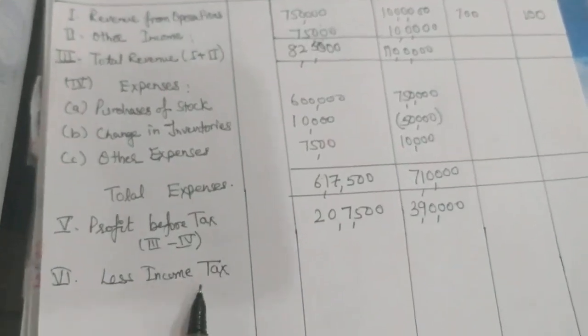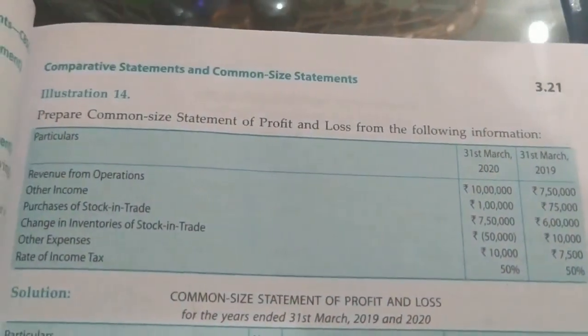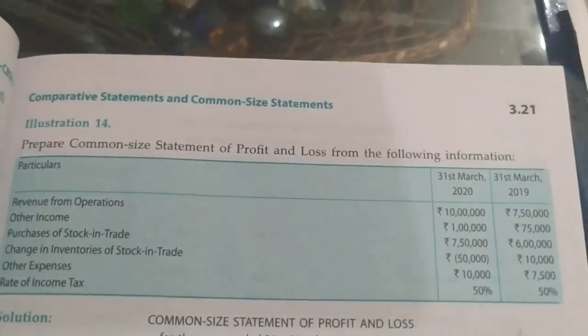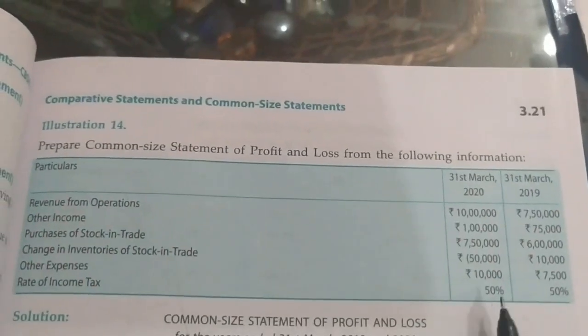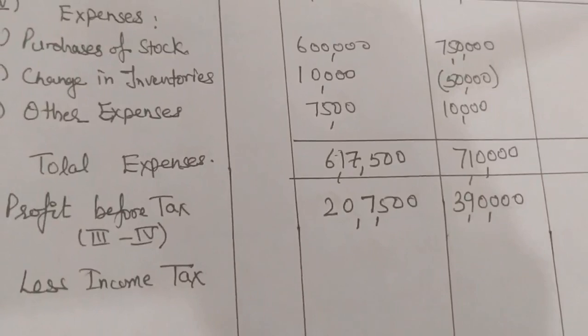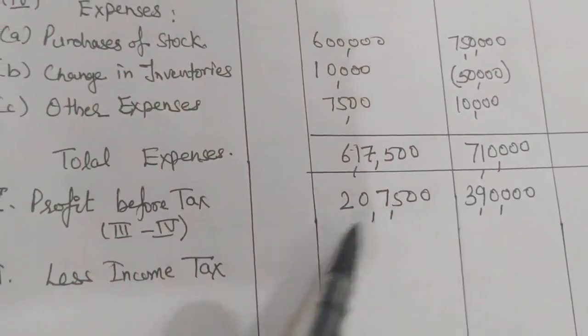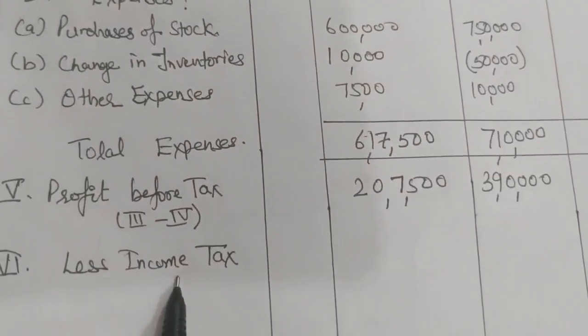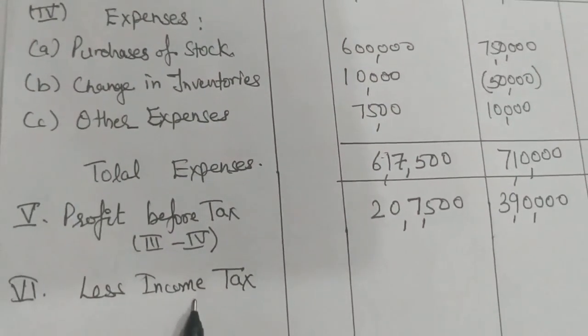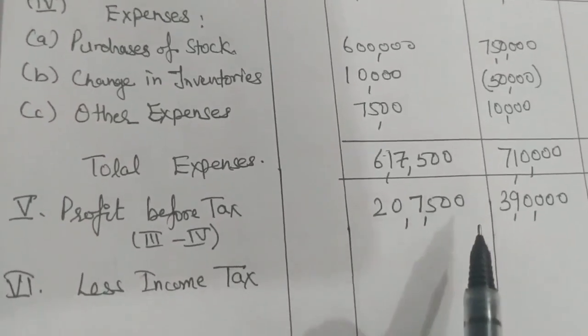Now we have to deduct the income tax given in the question. It is given for both years, 2019 and 2020, as 50%. Now we will calculate this tax on profit before tax. Profit before tax is 2,07,500 and we have 50% tax here. So 50% will be 1,03,750 for 2019.